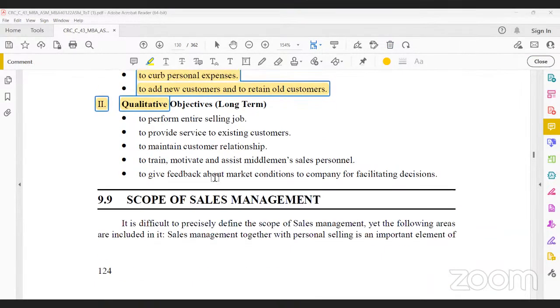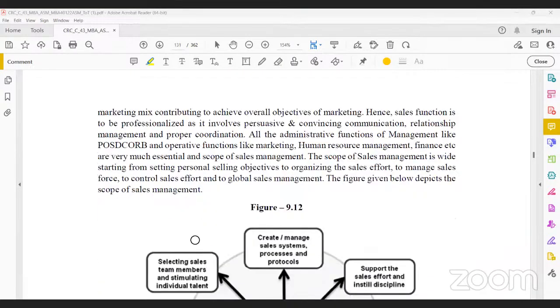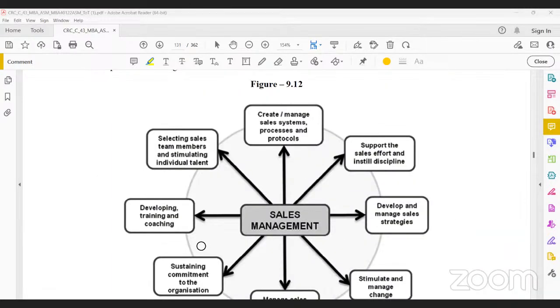Now the scope of sales management. The scope may be to create and manage sales systems, processes and protocols, then support sales efforts, and install a discipline system in this organization or department.